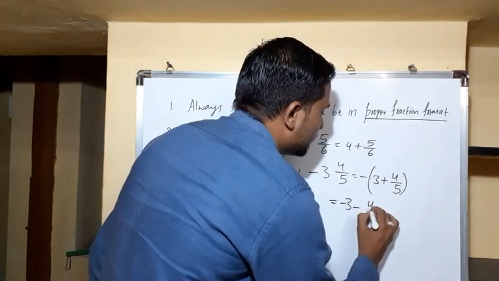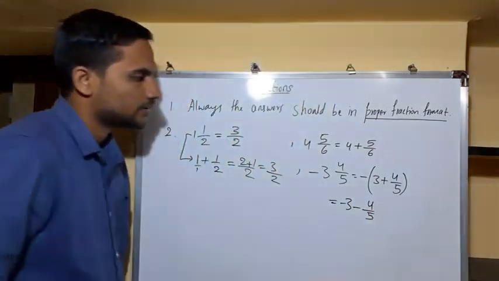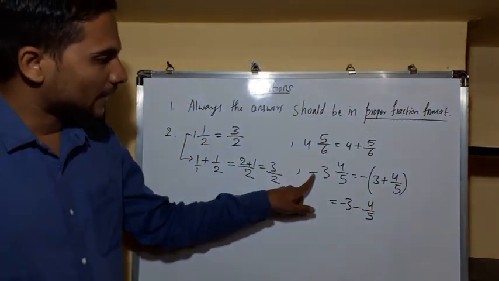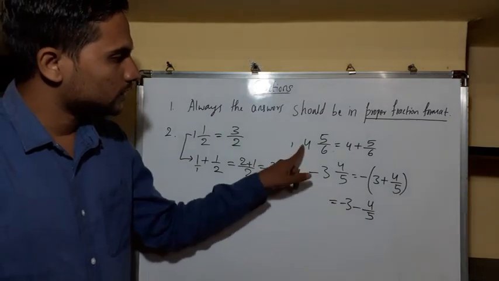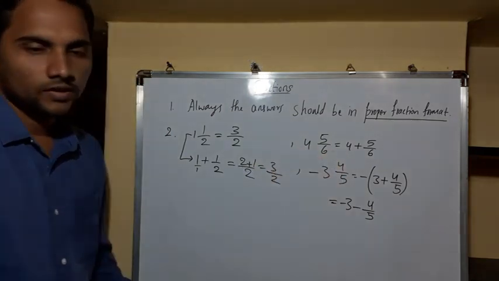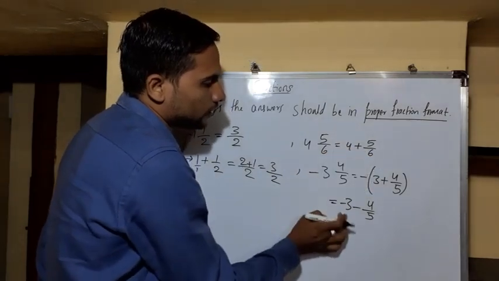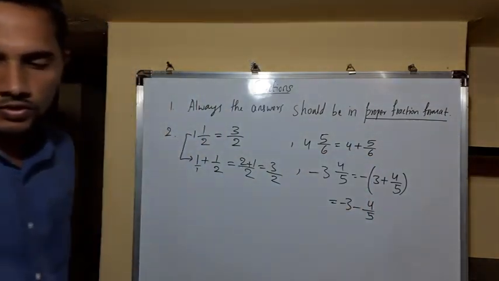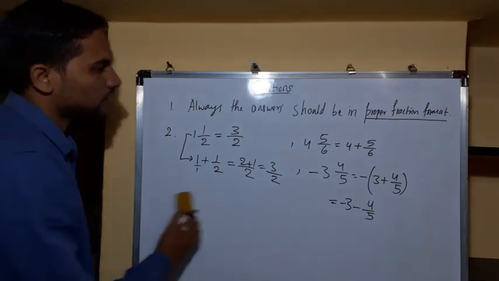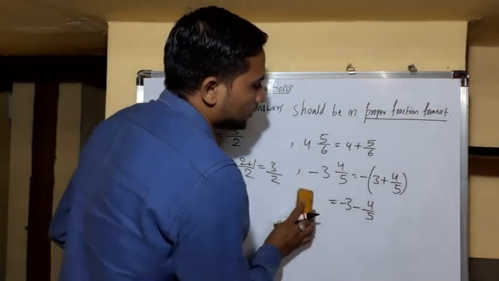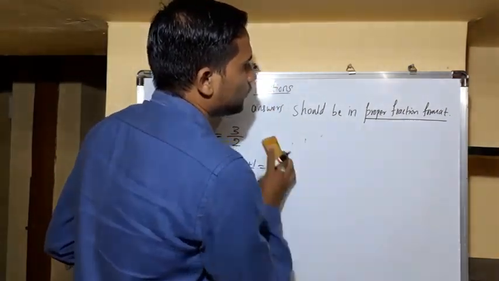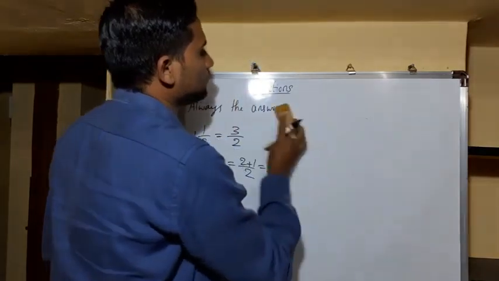Minus 3 minus 4 by 5. Understood, friends? This minus is applicable to both the terms. If it is positive, the plus is applicable to both the terms, and if it is negative, it should be applicable to both the terms. So these are the rules you should follow for simplification.